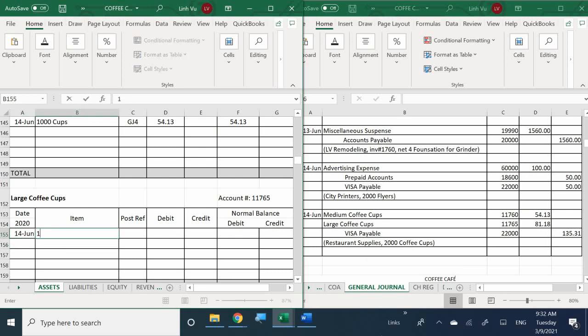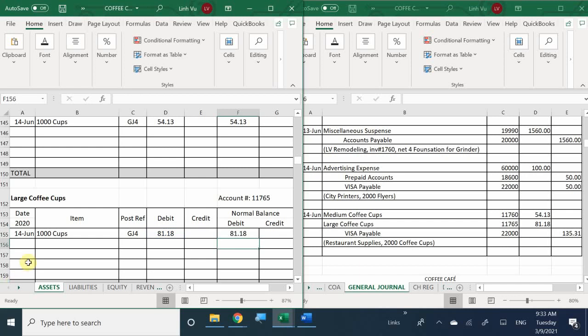And the item is that we purchased 1,000 cups. Okay. Post reference once again is General Journal 4, and it was for $18.80. Oh, what? No, sorry, wrong one. $81.18. All right. Boom. Okay.